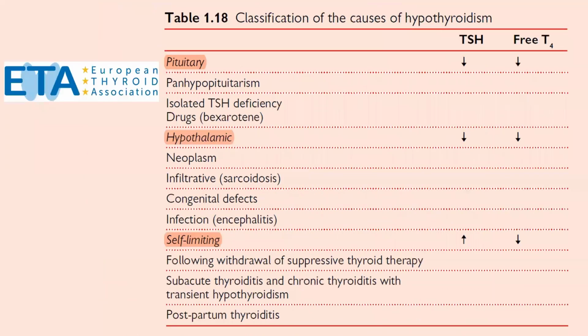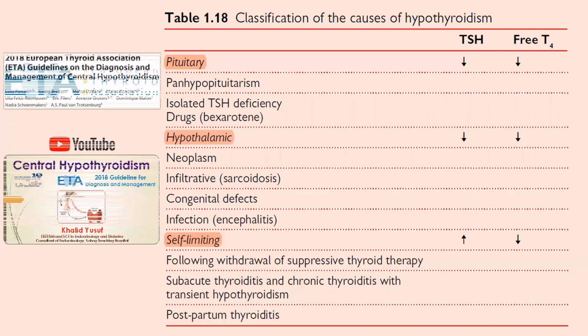Another very important cause of hypothyroidism is central hypothyroidism due to a pituitary or hypothalamic lesion. The European Thyroid Association published very important guidelines in 2018 about the diagnosis and management of central hypothyroidism, either due to a pituitary disorder like panhypopituitarism or isolated TSH deficiency, or some drugs like bexarotene, or due to a hypothalamic disorder like neoplasia, an infiltrative disorder like sarcoidosis, a congenital defect, or infection like encephalitis.